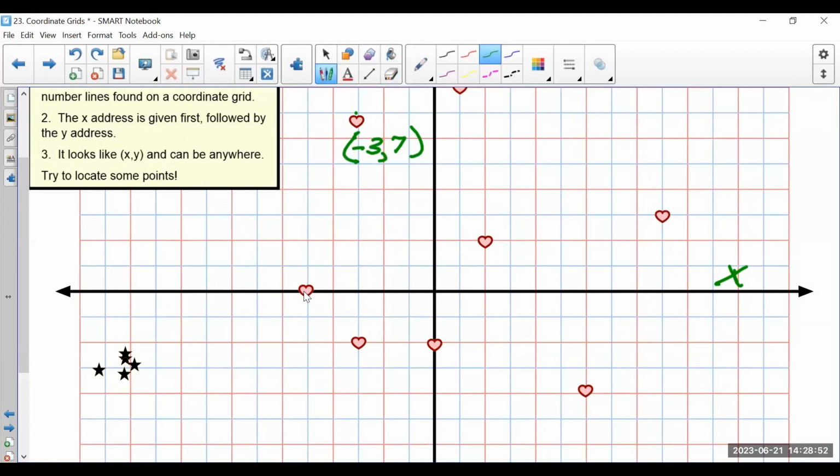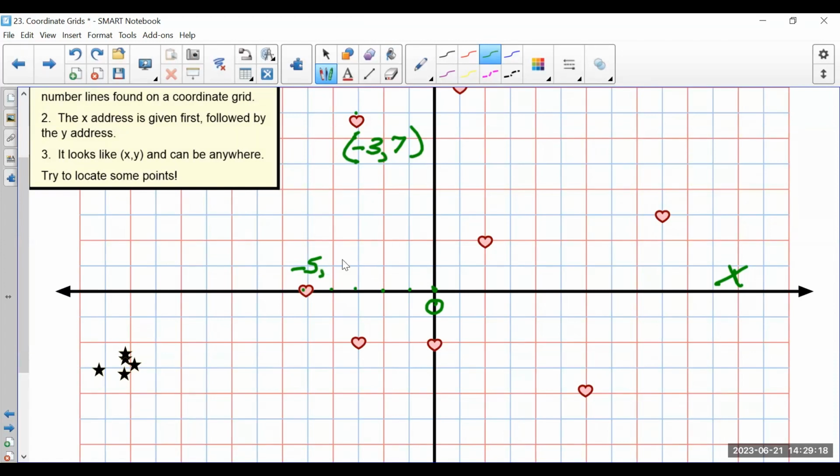Now, what about this heart? Again, you're starting at 0 right here, and the first thing you do is move side to side, move laterally. -1, -2, -3, -4, -5. So it's -5. But then it doesn't go up and it doesn't go down. So for the up and down number, you don't want it to do anything.